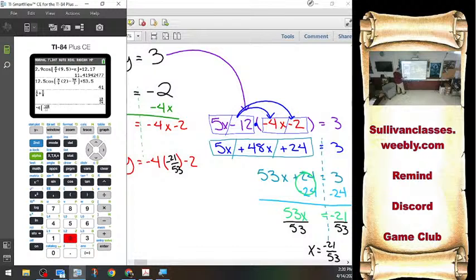And I put in a negative 21, arrow down, 53, arrow over, close my parenthesis, minus 2. I type it exactly like it's written. That's what's called a right view calculator. I can type it the way I write it. Hit enter and it'll simplify it for you and everything. Negative 22 53rds. And now Grace over there like, mic drop.